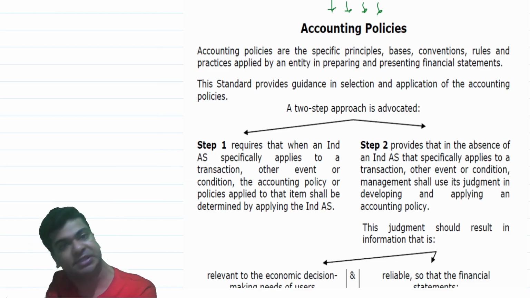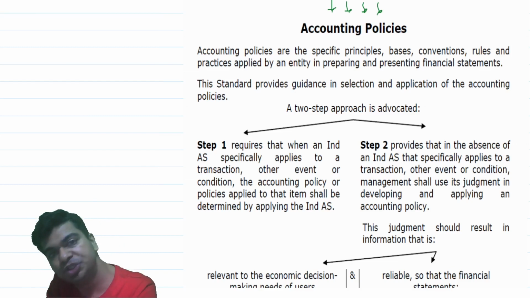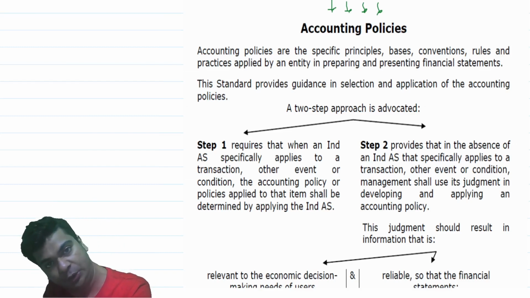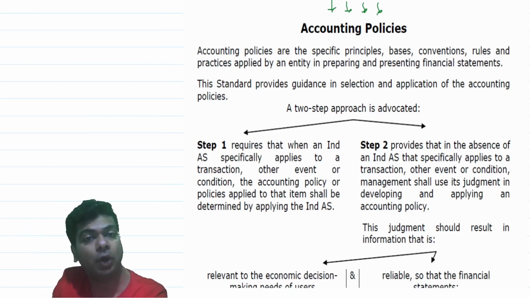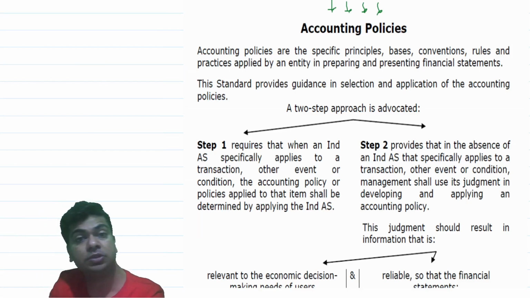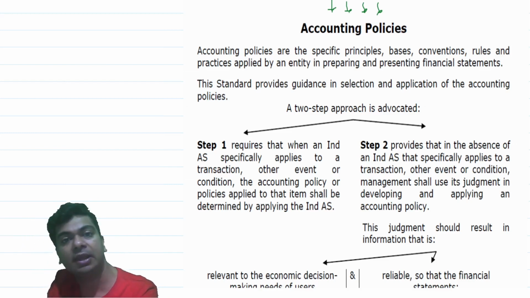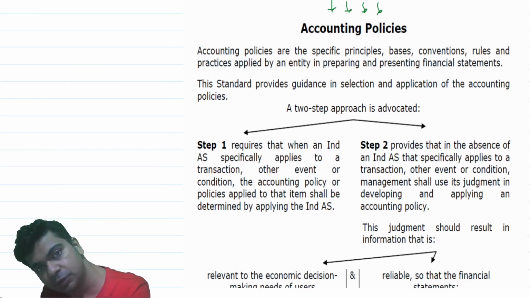For this, it is necessary that there are certain principles, certain bases, certain conventions, certain rules that you are following, that you are adopting when you are preparing your financial statements. These rules and conventions and principles that you are following are nothing but accounting policies.